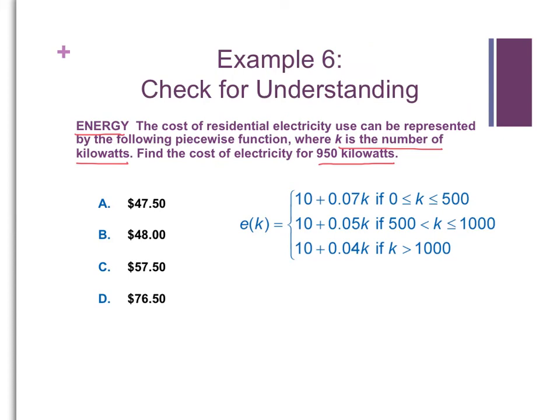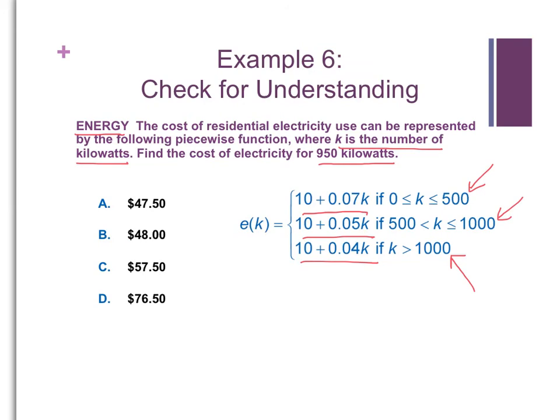Okay, you have three different equations here, equation 1, equation 2, equation 3, all of which give us a different domain or different amount of usage. So if you are a home who uses between 0 and 500 kilowatts, you're going to use the first equation to determine your bill.